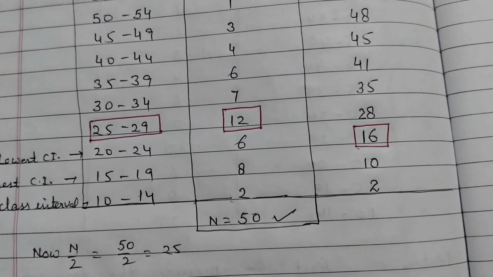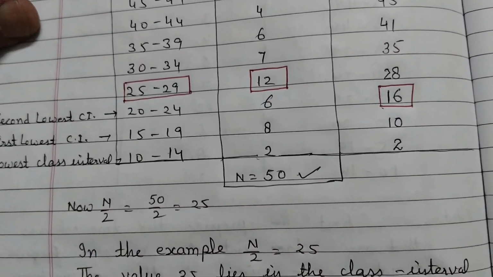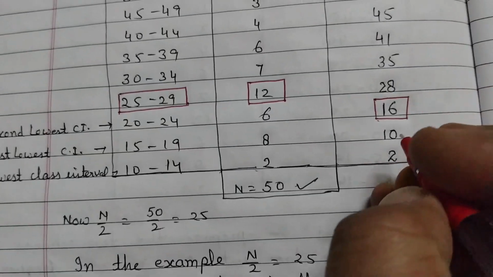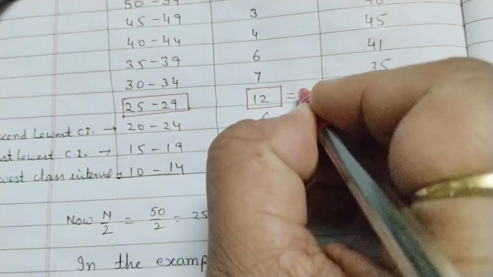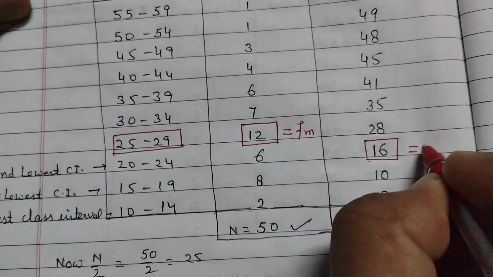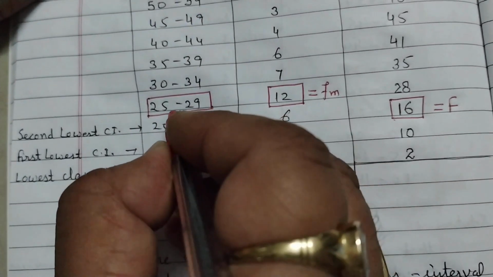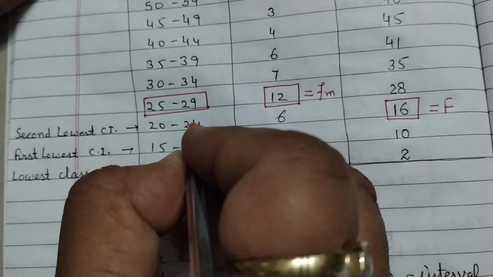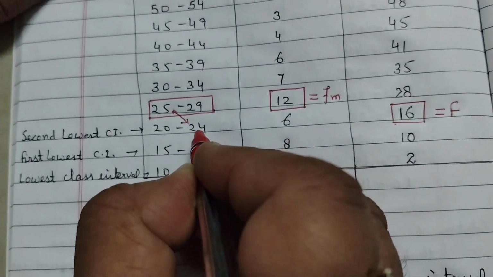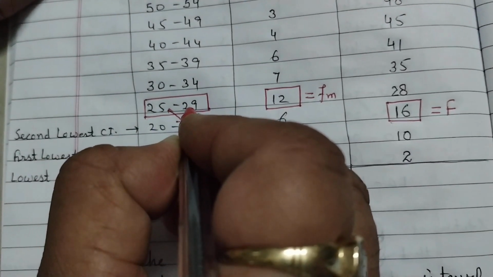Since F is the sum of frequencies below L, this value is Fm, and this value is capital F. For calculating L, the lower limit, L is the sum of the upper limit of the second lowest class interval and the lower limit of this class interval, divided by 2.